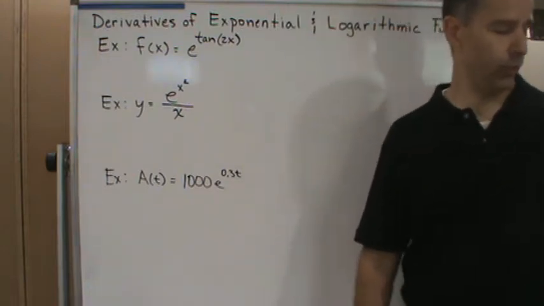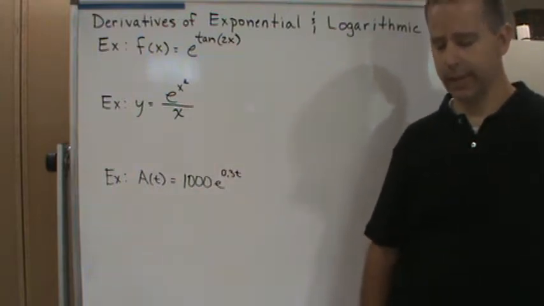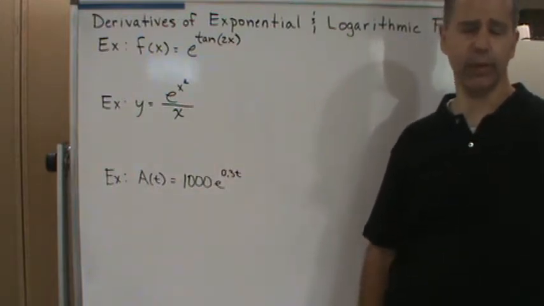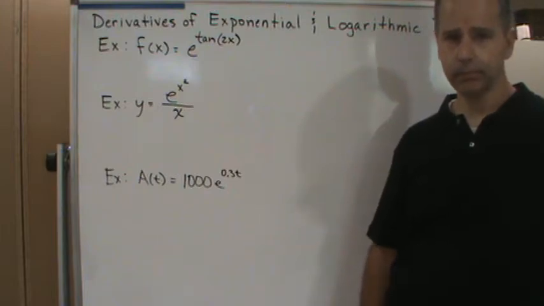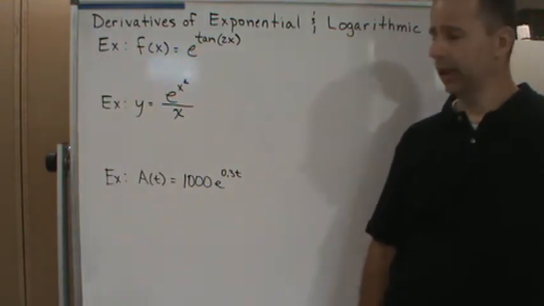Remember, when we talked in previous videos, exponential functions and logarithmic functions are very important and are used in many different applications. Exponential functions are used in growth and decay applications.